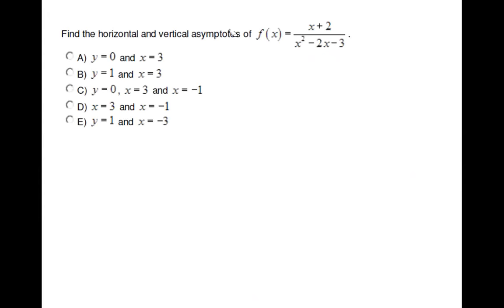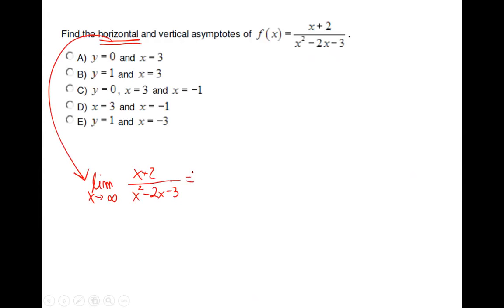Okay, horizontal and vertical. For horizontal asymptotes, we have to find a limit at infinity. Remember, for the horizontal asymptote, I just find how the function behaves at infinity. Do you remember what the limit at infinity is?